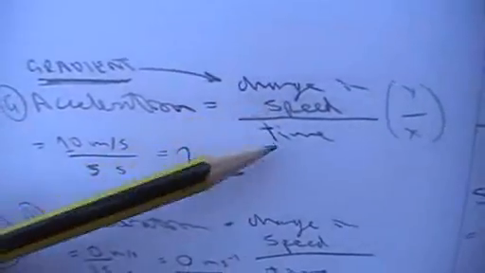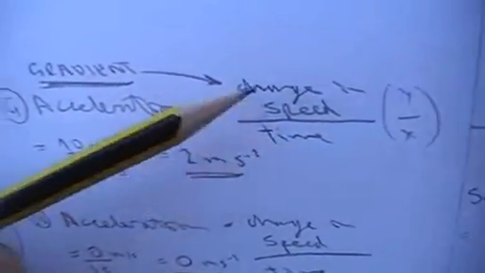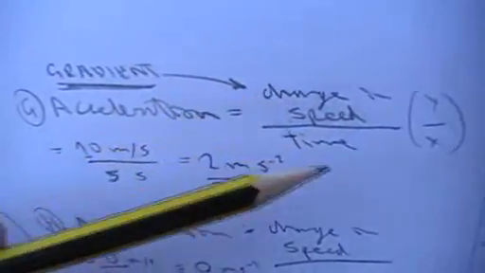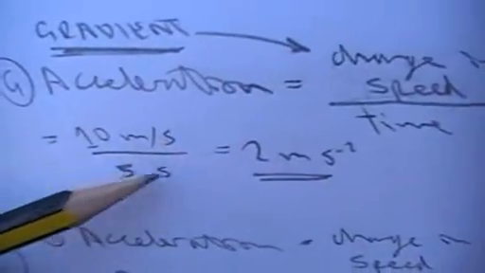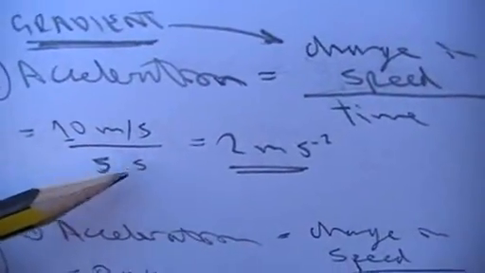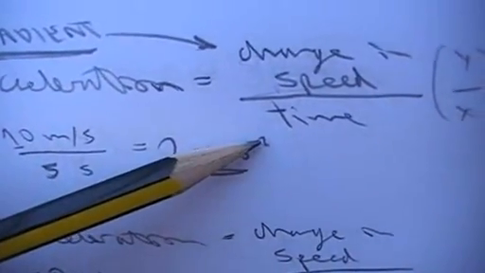Right, now the gradient of a distance time graph is speed. The gradient of a speed time graph is acceleration, because acceleration is the rate of change of speed. So it's your speed divided by time, so you've got time divided by time again, which is why you have meters per second and then a little -2.